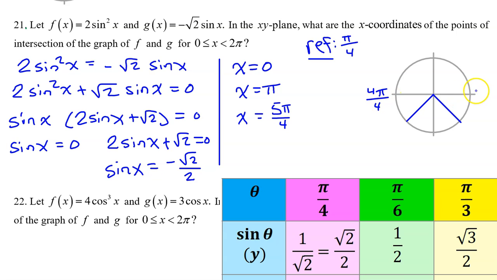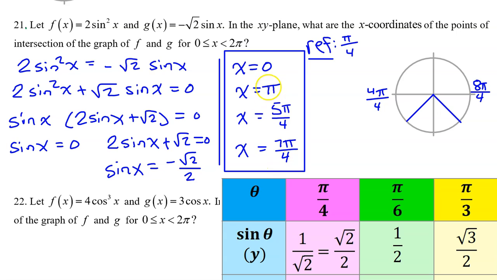Doubling this, we can think of 2 pi as 8 pi over 4. So this angle in the fourth quadrant is 7 pi over 4. These are the 4 x-coordinates of the intersections between f and g on the interval between 0 and 2 pi.